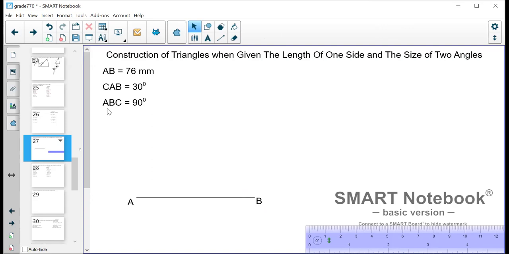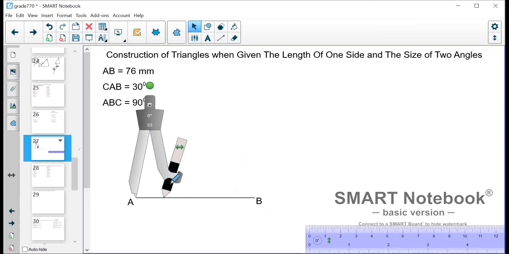Now, seeing that the expression here is CAB, which is 30 degrees, it means that the angle should be constructed at A, the first angle that is. So you come at A and you construct the 30 degrees angle.